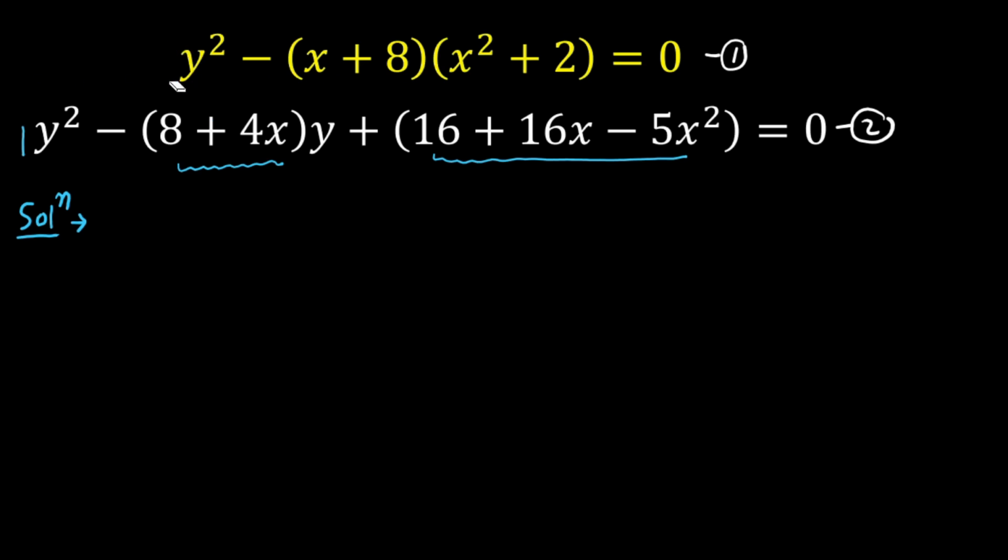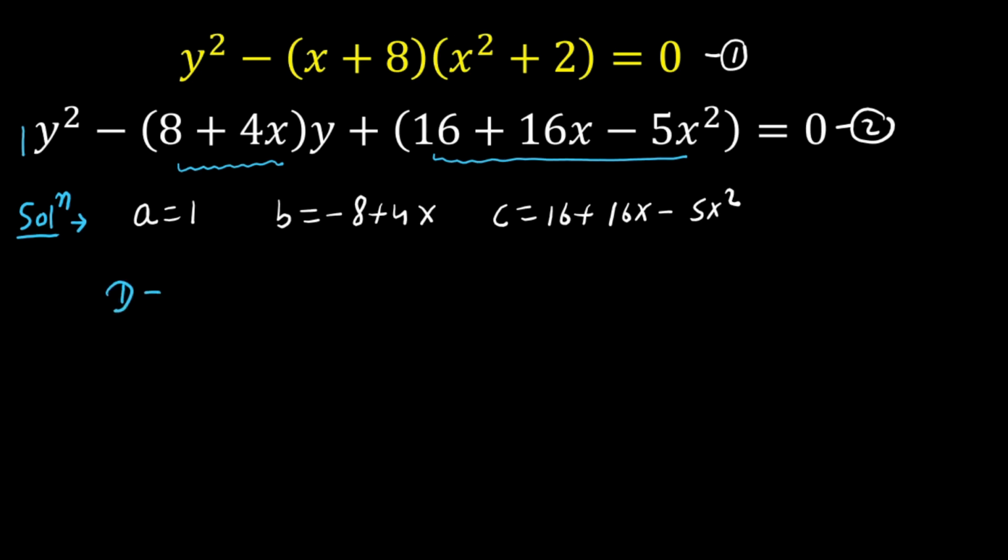Now here we know that the value of a is 1, the value of b is minus (8 plus 4x), and the value of c is 16 plus 16x minus 5x square. Now first we will find the value of the discriminant.